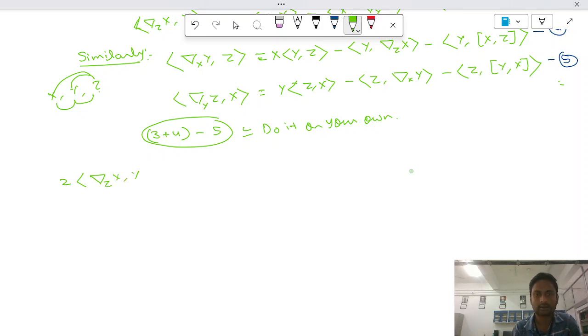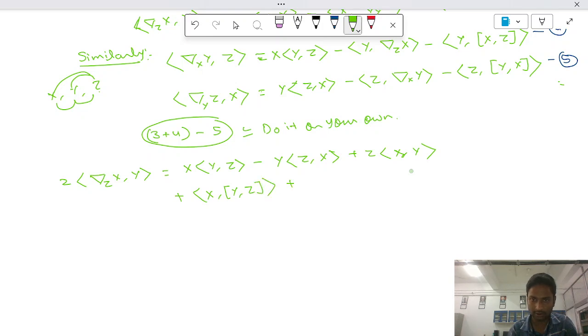Nabla_z x comma y is equal to x, yz minus y, zx plus z, xy, plus x Lie bracket of y comma z, plus y Lie bracket of z comma x, and minus z comma Lie bracket of x comma y.